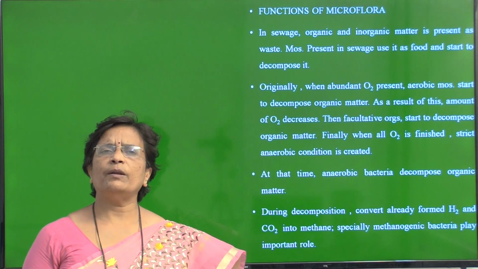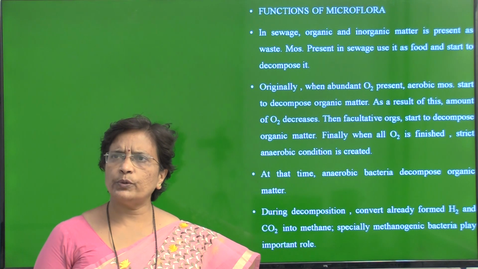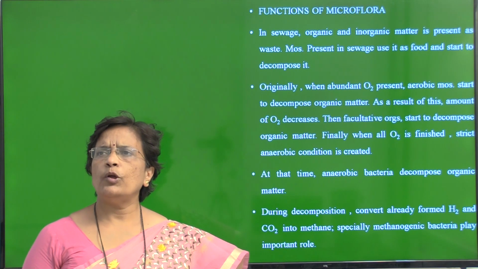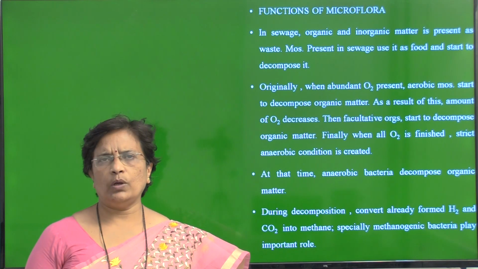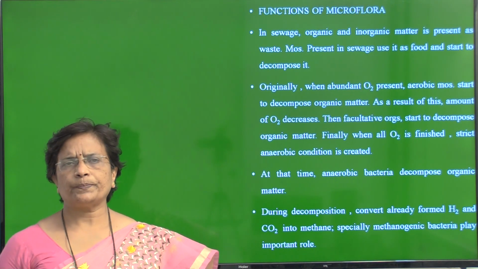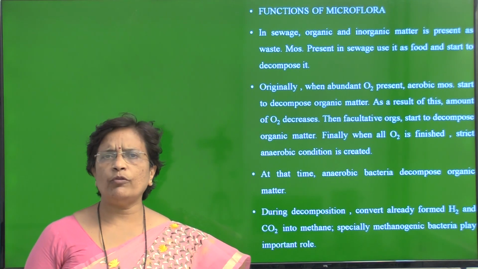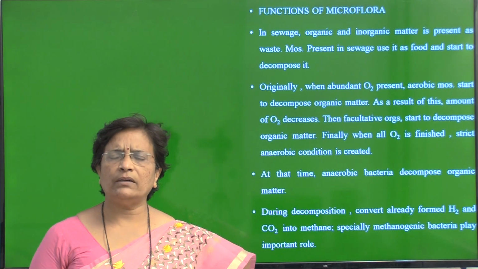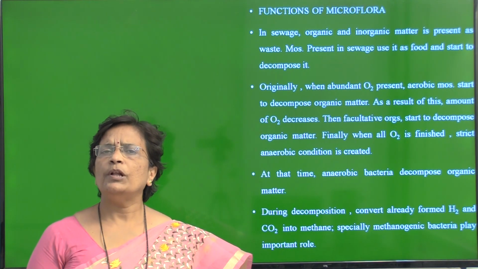This hydrogen and carbon dioxide, generated during the above decomposition process, is converted into methane, and here methanogenic bacteria play a very important role. So the function of microflora in sewage is that, with the help of aerobic, facultative and anaerobic organisms, the overall organic and inorganic matter present in the sewage is finally converted into methane.